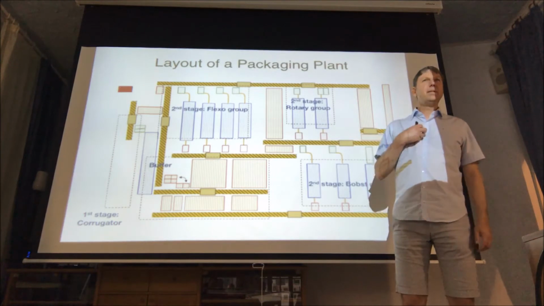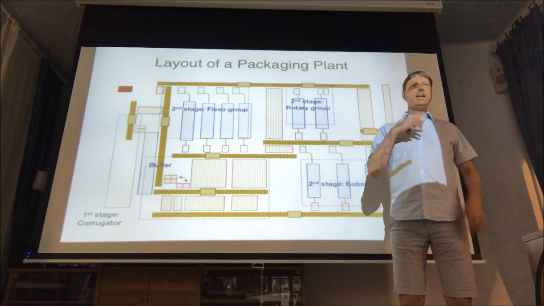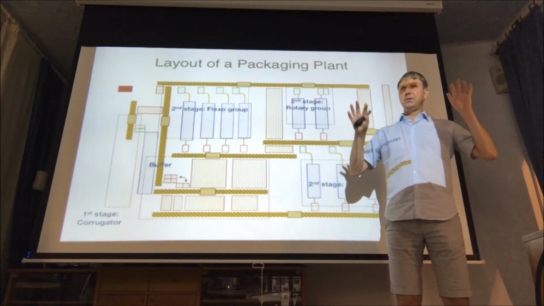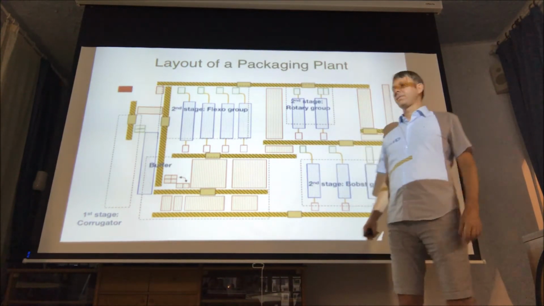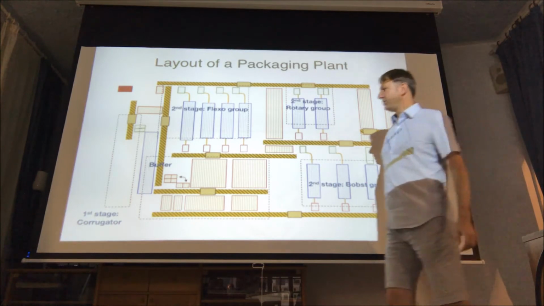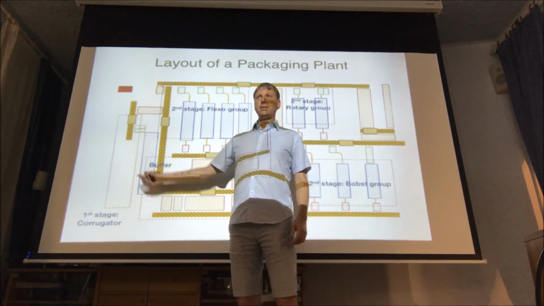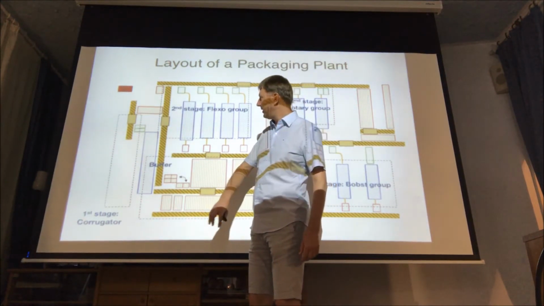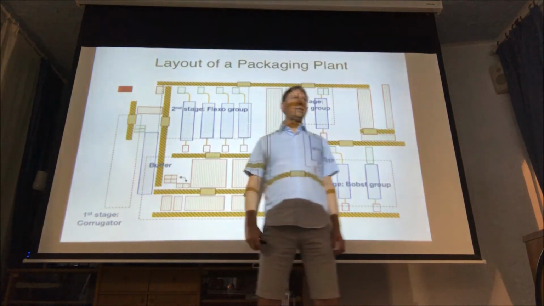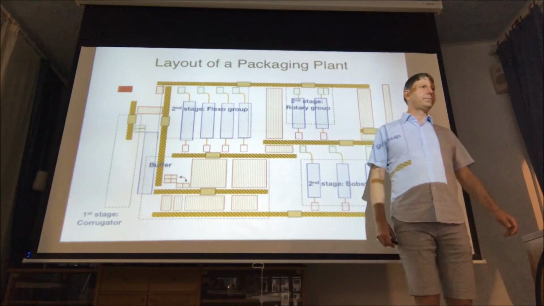So the problem, it turned out, they had many engineers who learned all this stuff, but they didn't have the complexity thinking. The problem was not the corrugator that broke down all the time, as they thought. The problem was that they were pushing things too quickly into the buffer. The buffer was the bottleneck.